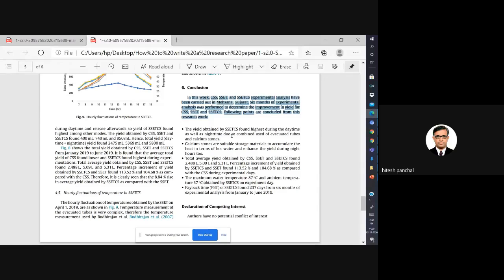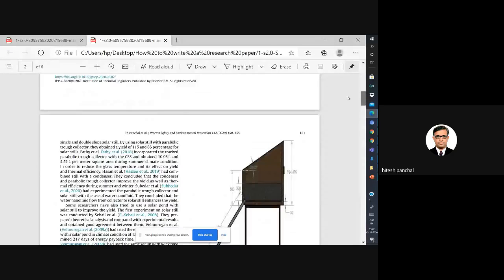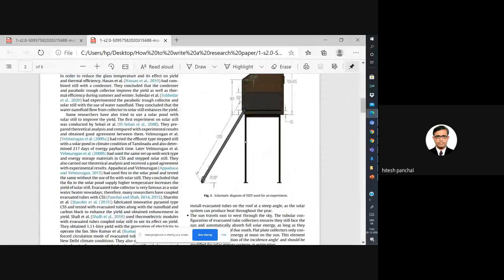Okay. Now one more thing. Suppose you want to take a figure from any article. Is there any method to reuse that figure in your article? Suppose you are writing a review article. Suppose you want to use figure number 1 of this article.